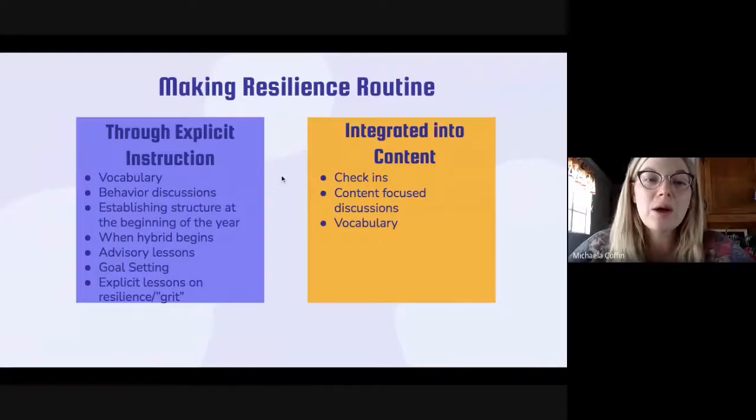So when we think about explicit instruction, using specific vocabulary from either the frameworks or just the vocabulary of resilience, this can be done through explicit behavior discussions. So talking about problem solving and what strategies we have.